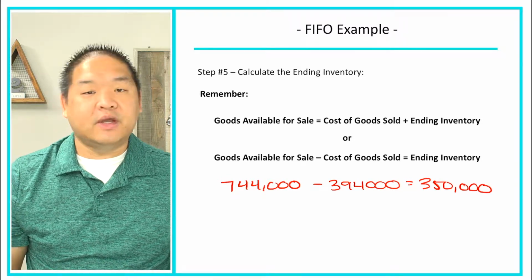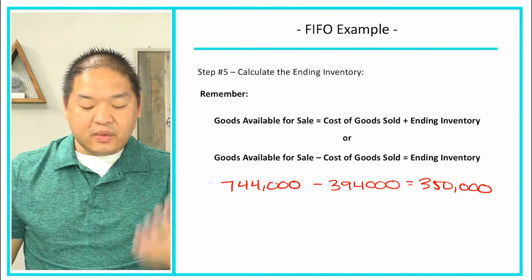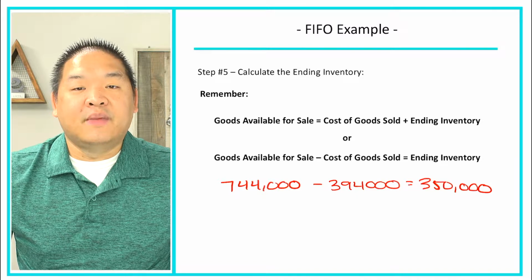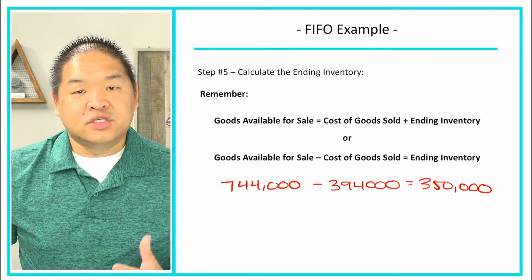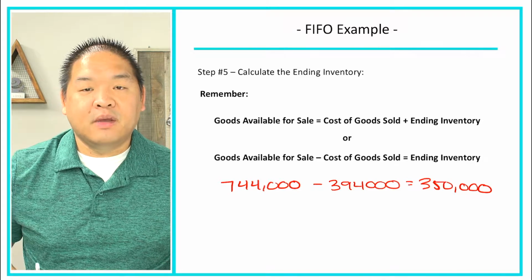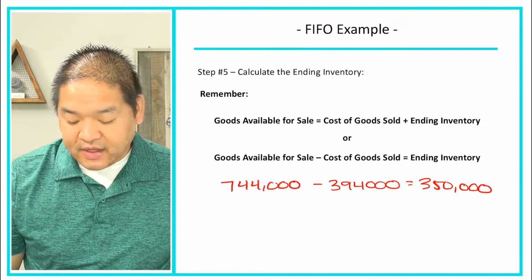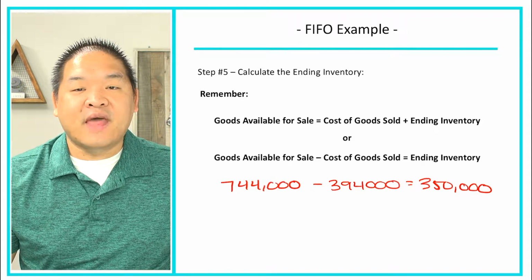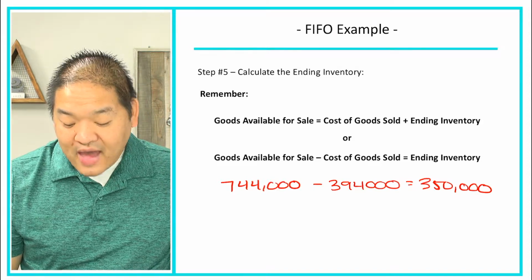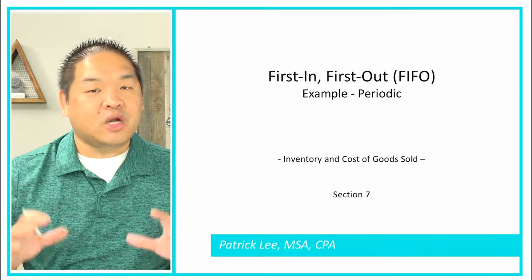Again, we could have taken the 7,000 times 50 and we would have gotten 350,000 as well. But if you didn't do that, then you can just take how much we have available for sale minus how much we sold, and that gives us how much should still be in our inventory. In this case, $350,000.